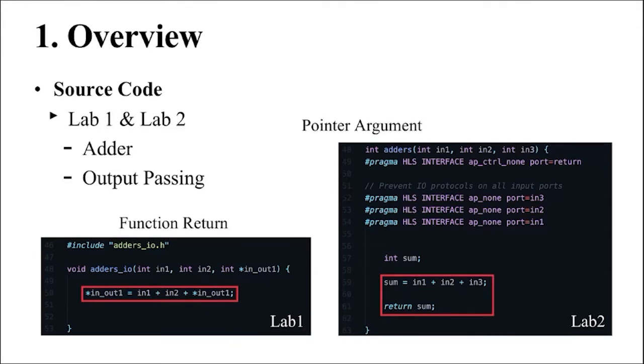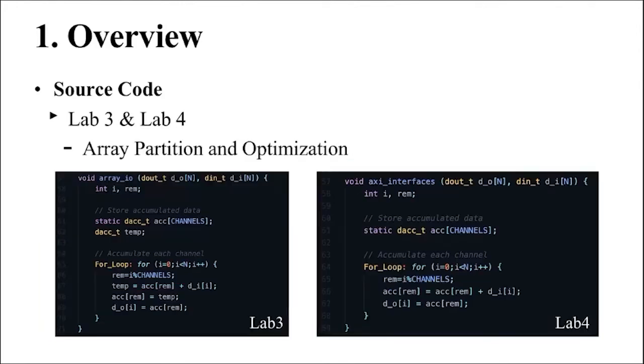And these two labs have a different way to pass the output data. In lab 1, we pass the output data by function return. And in lab 2, it passes the output data by pointer argument. And this is the source code of lab 3 and lab 4. We do array partition and optimize it.